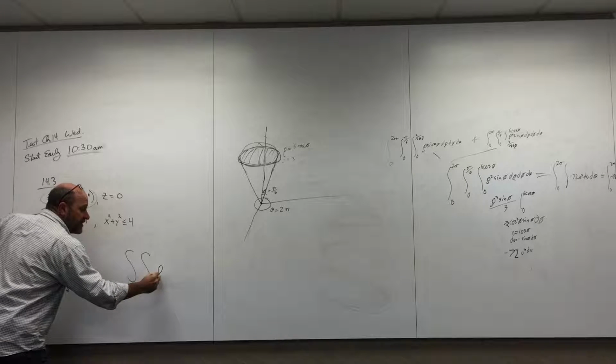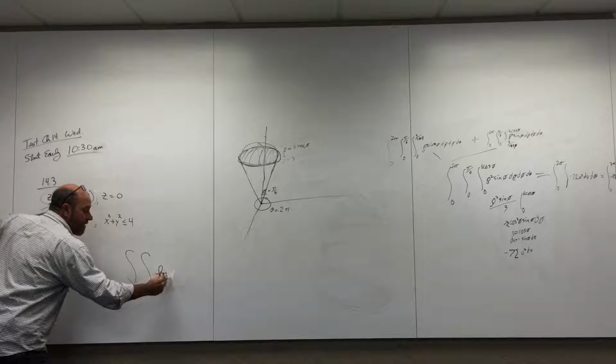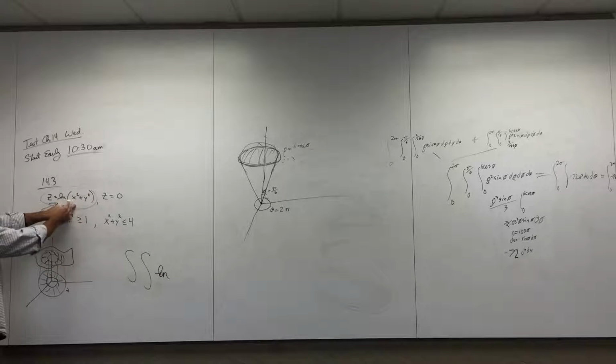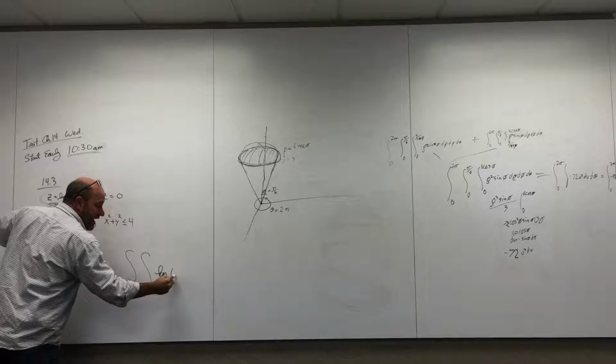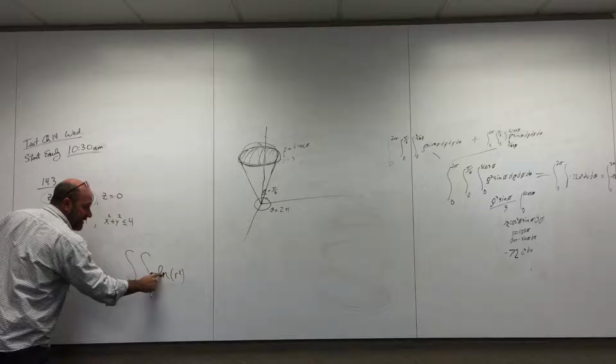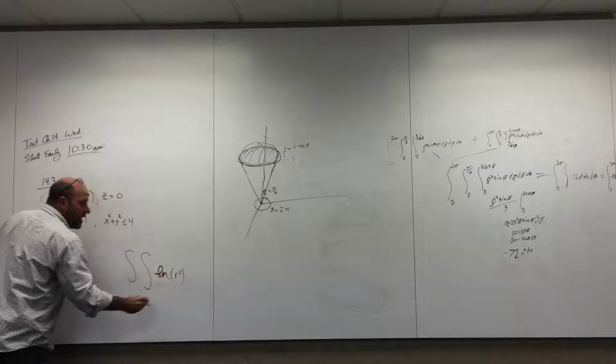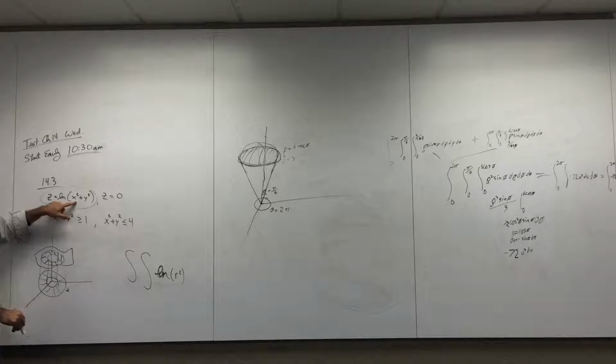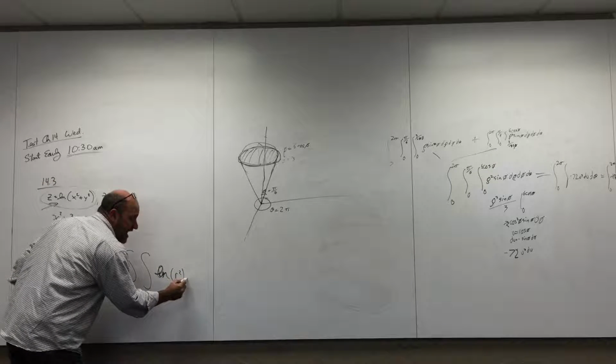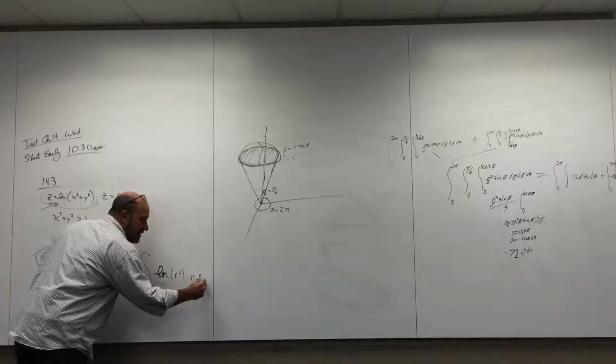So here comes this surface, the ln of r squared. And then the dA has that extra r, dr, d theta.